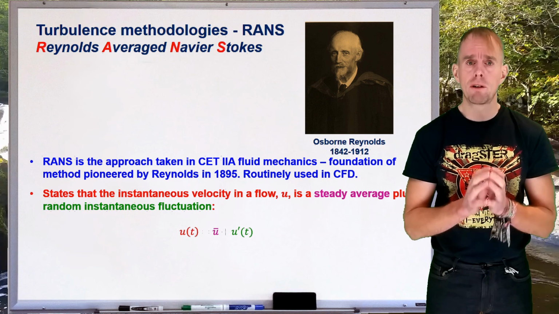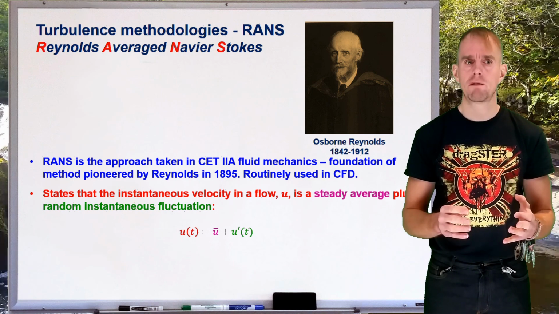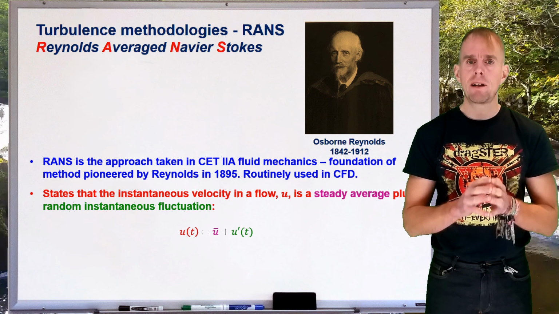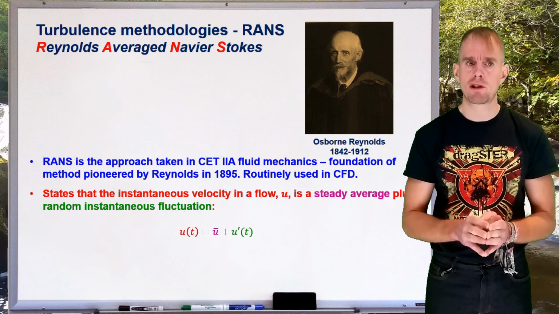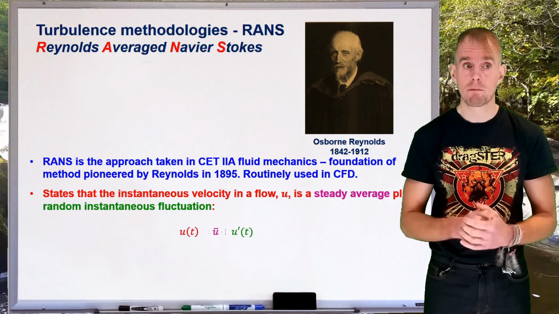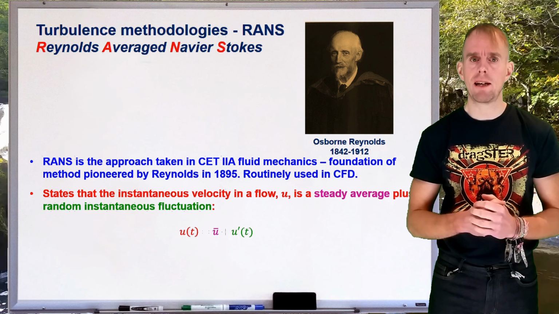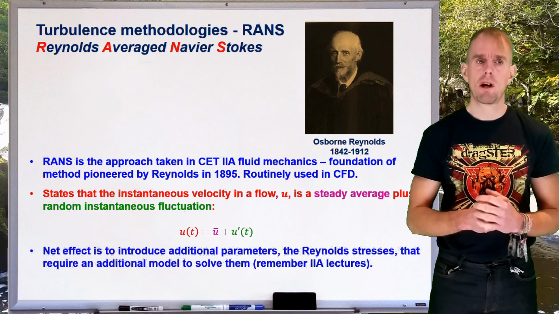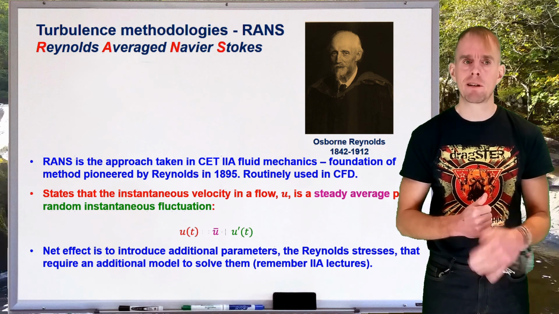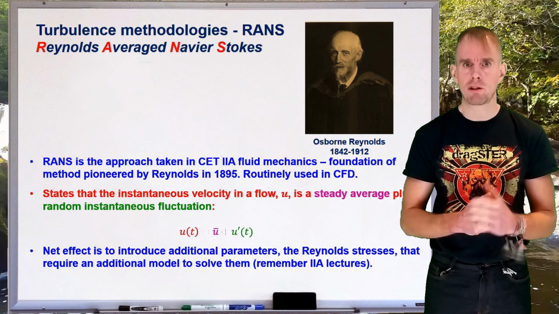It says that a velocity of your flow, u, can actually be decomposed into two parts. You've got a steady average velocity, u bar, and then random instantaneous fluctuations, u dashed, that are time dependent, so it becomes u dashed of t. Now, when you substitute that expression for velocity into the Navier Stokes equations, what you find, after a little bit of mathematics and implementation of averaging laws, is that an additional term appears in your Navier Stokes equations.